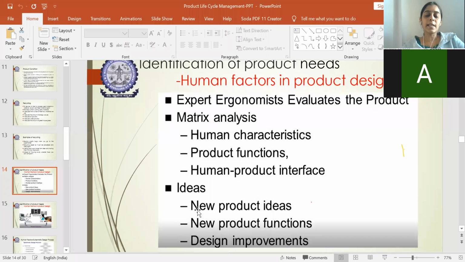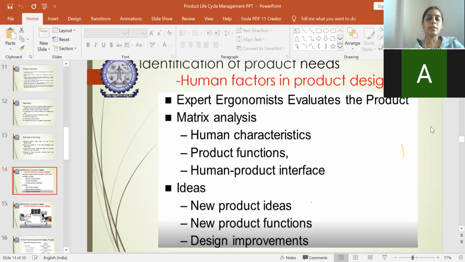So these ideas help in creating new product ideas, new product functions, and sometimes the existing designs could be improved by the ideas given by the people of a particular organization. So in idea generation also human factors play a vital role. So if they ask you what the human factors associated with product design are, you should be able to explain each and every concept.